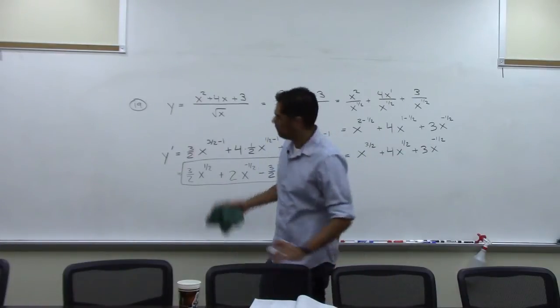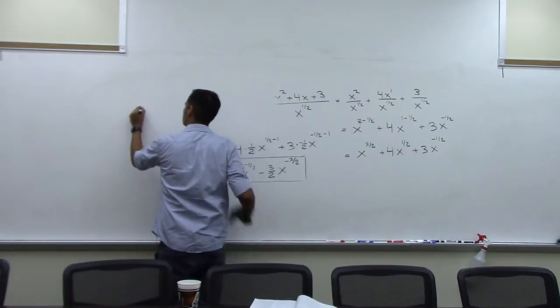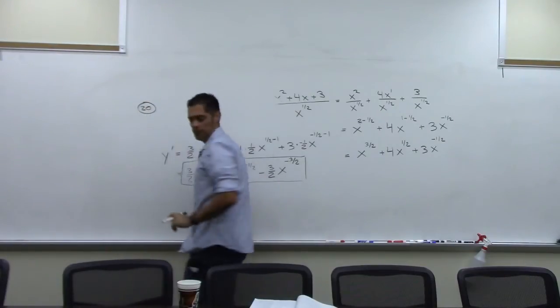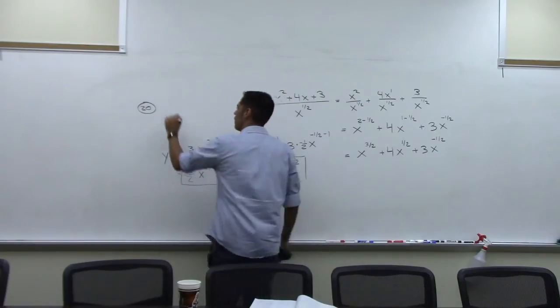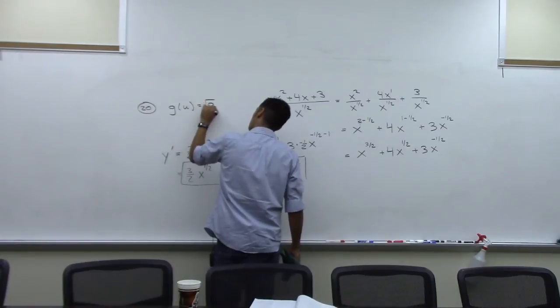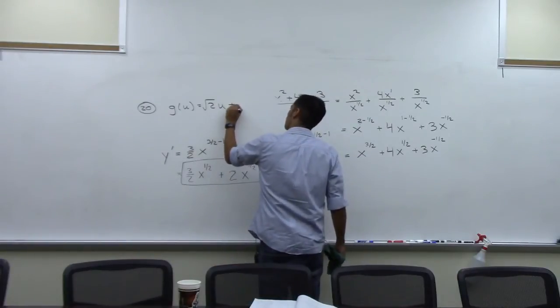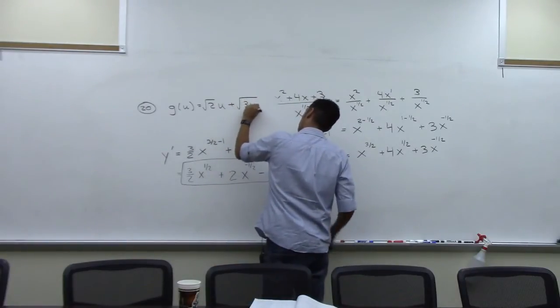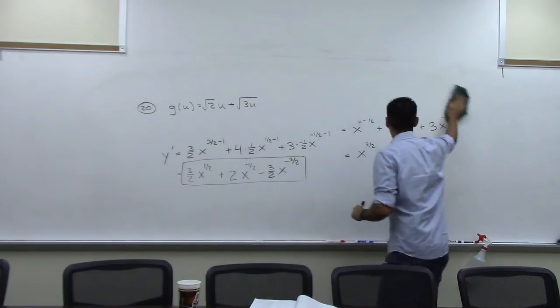20. G of u equals root 2u plus root 3u. Now, there's something subtle here in this problem that they're trying to get you to see.